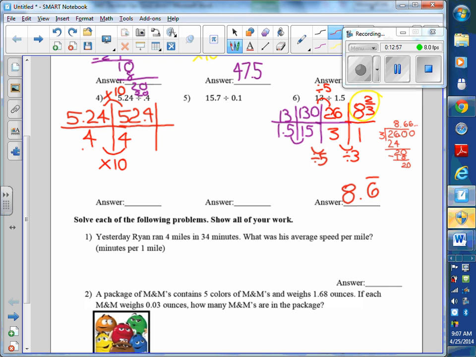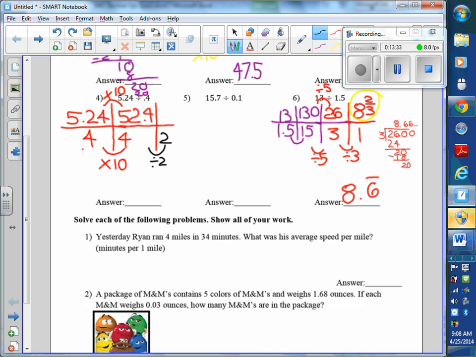So now you do long division with that, or you could divide in half. So what do you want to do? So if I divide in half by 2, I get 2, right? So if I divide 52 by 2, first divide 50 by 2. What do you get? 25. Now divide 2.4 by 2. What's half of 24?